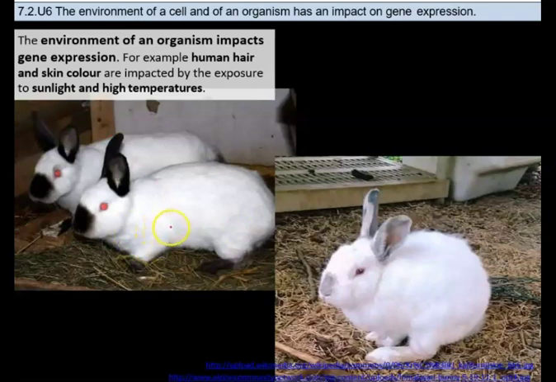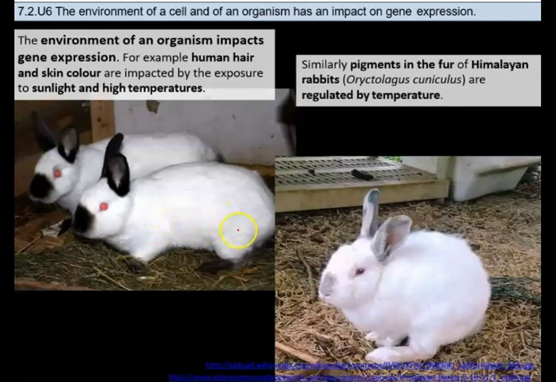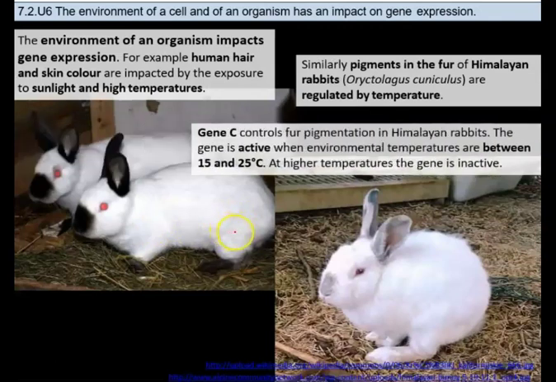What gene? Gene C. So what does it mean? There is a gene which is regulating the presence of the skin color in the form of black color or white color.